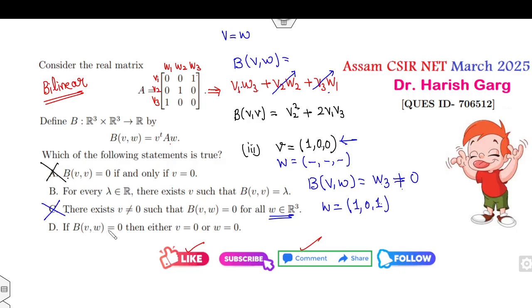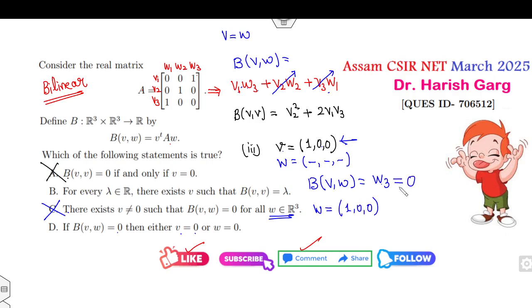B(v, w) is 0, then either V is 0 or W is equal to 0. Again you can see, if I choose V as (1, 0, 0) and W I can choose again as (1, 0, 0), what will happen?